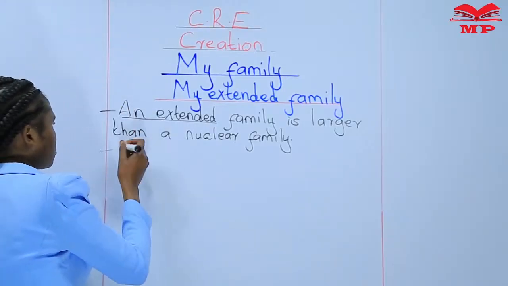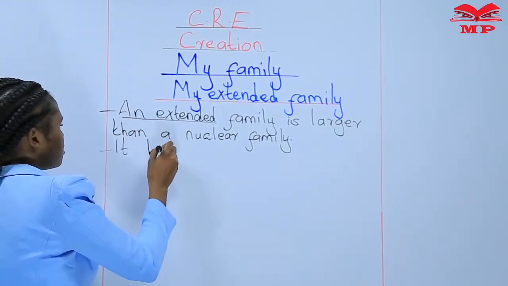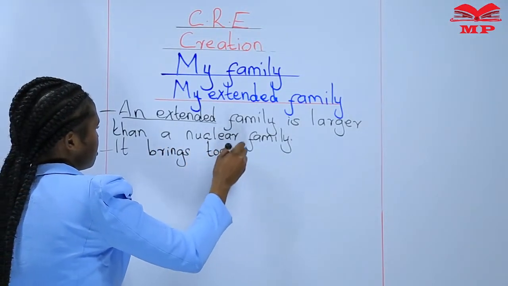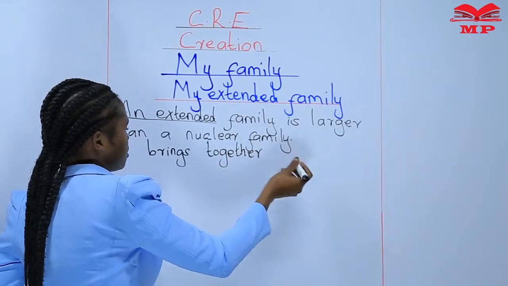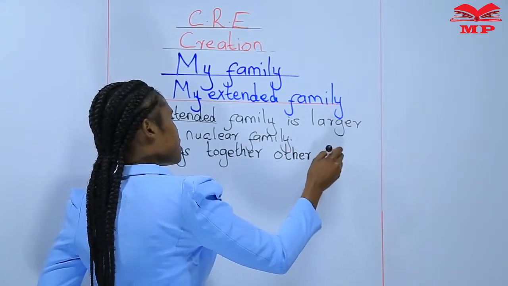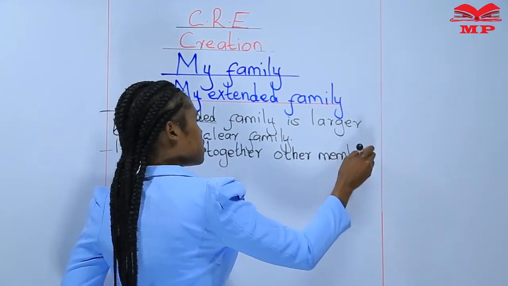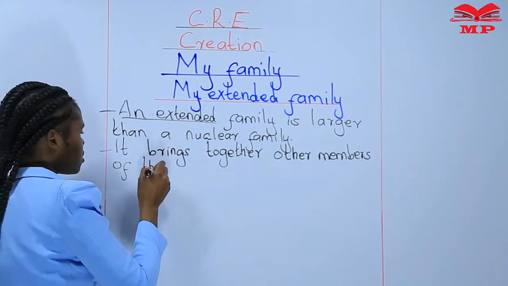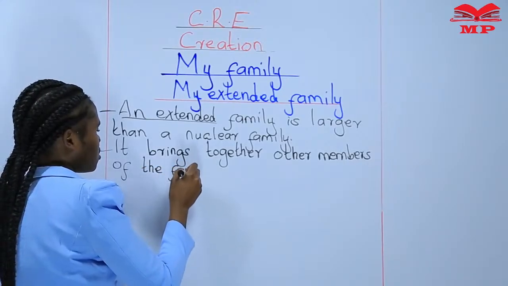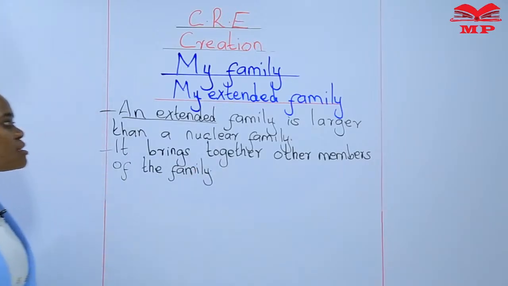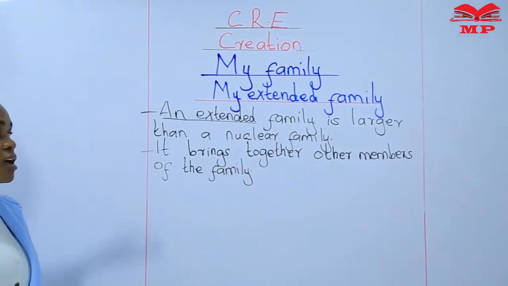So an extended family is larger than a nuclear family because it brings together other members of the family.